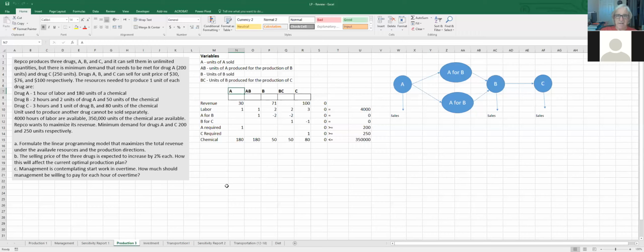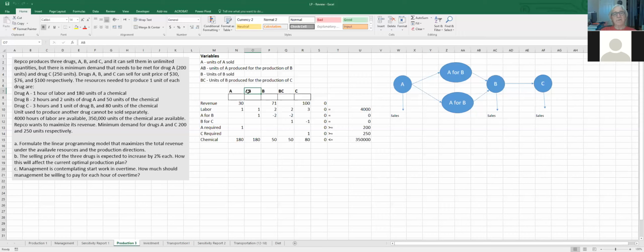You make money by selling only those drugs that you sell as independent drugs. So A is sold for $30 revenue if you sell it as an independent A. The A that you produce and ship into the B department, I call AB. For this, you don't have an independent profit.